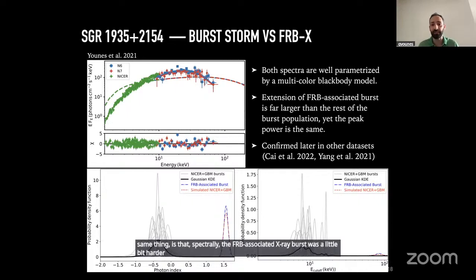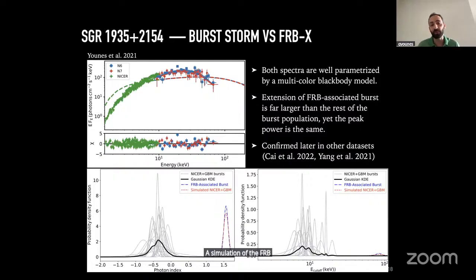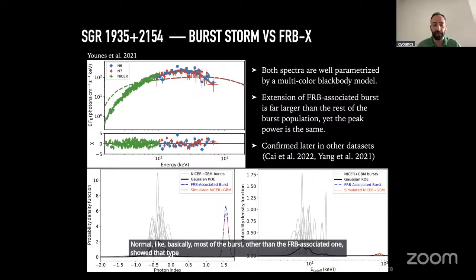So the SED extended to a larger range of energies, as you can see in the top panel. The dashed line is a simulation of the FRB-associated X-ray burst, and the other is an example of a normal burst: most of the bursts, other than the FRB-associated one, showed that type of spectral behavior. So you see the difference hitting you in the eye.